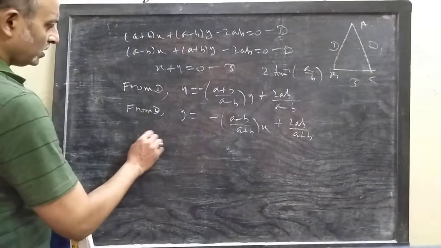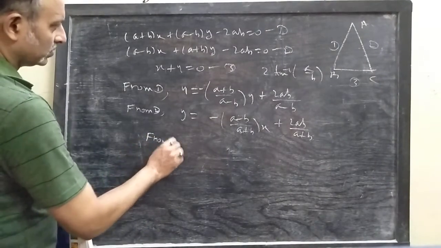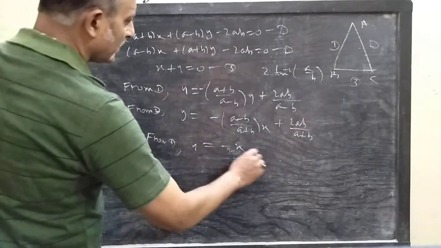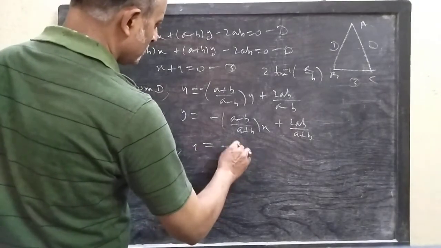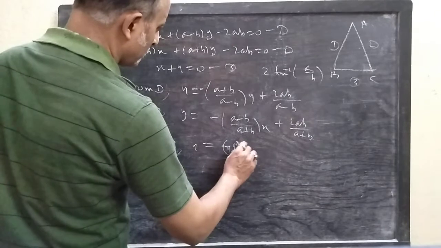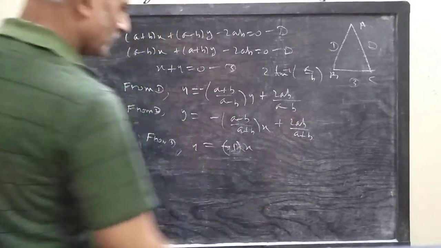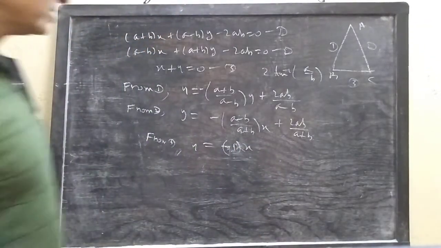And from 3, we have y equals minus x, that is minus 1 into x. So we get the three slopes.